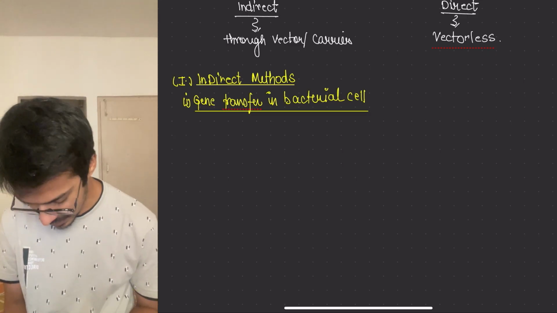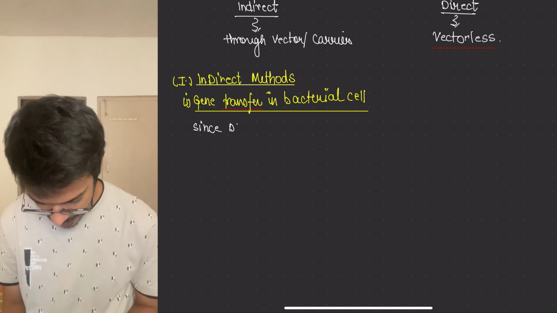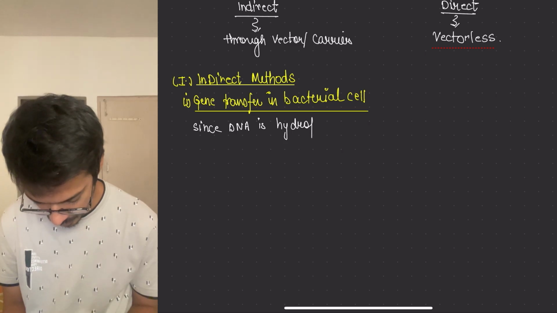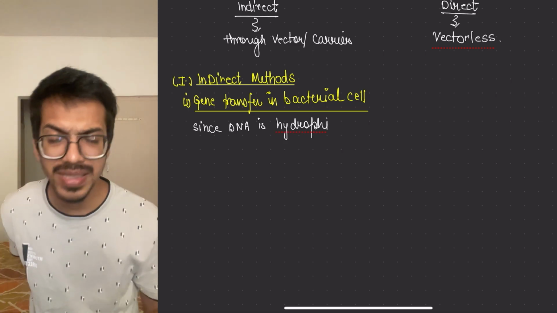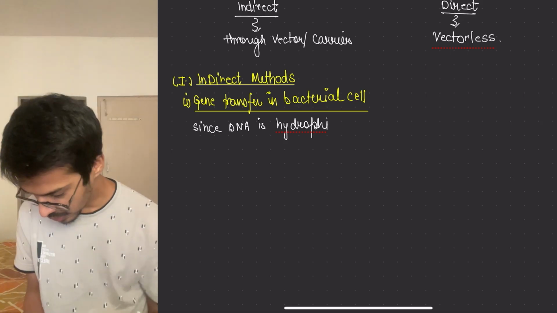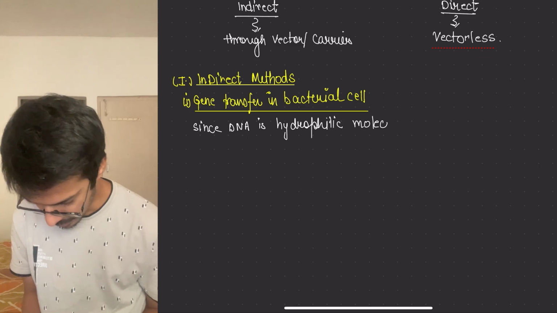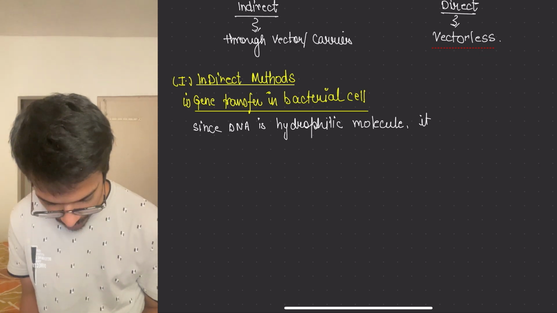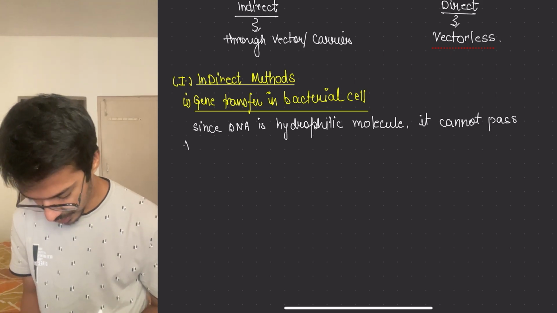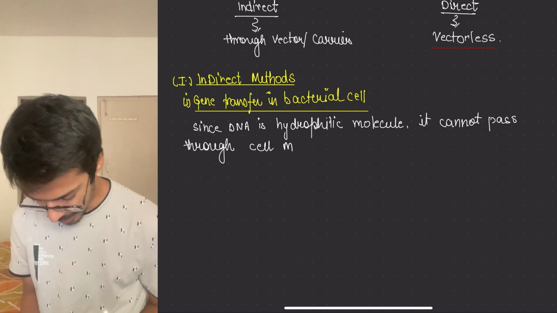Since DNA is a hydrophilic molecule, it cannot pass through the cell membrane, which is hydrophobic because it is made up of lipids.